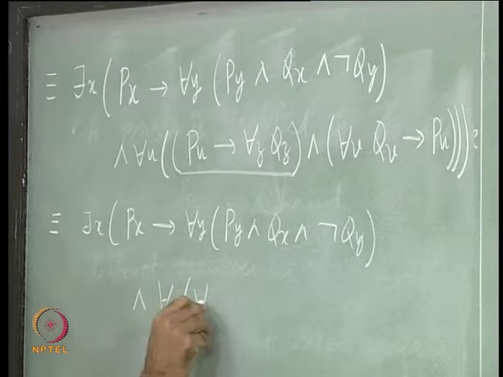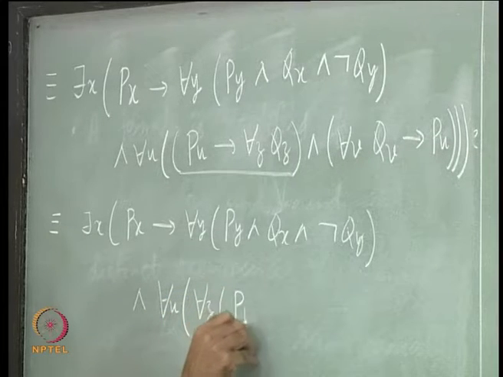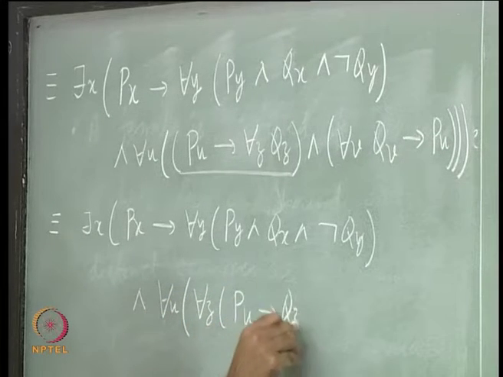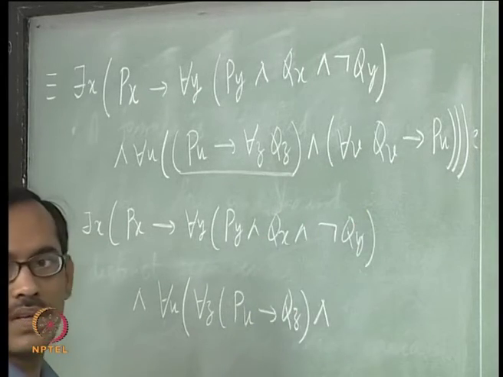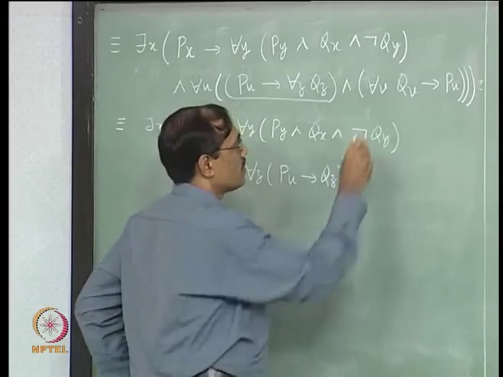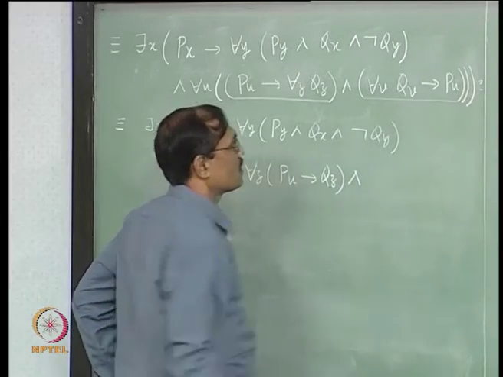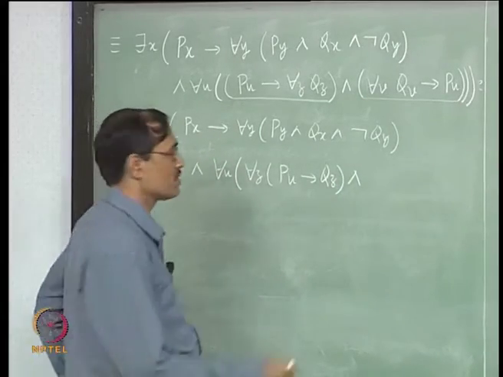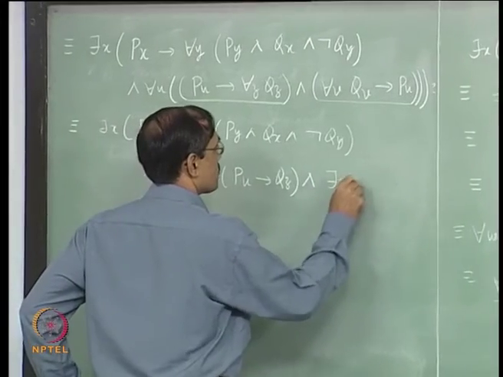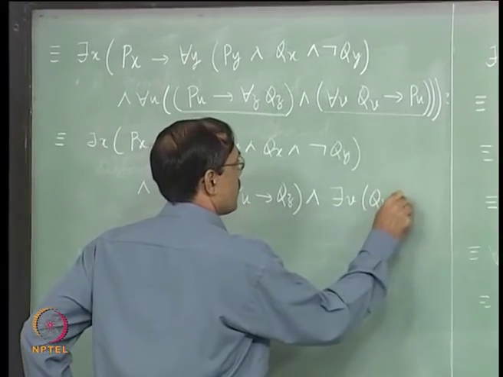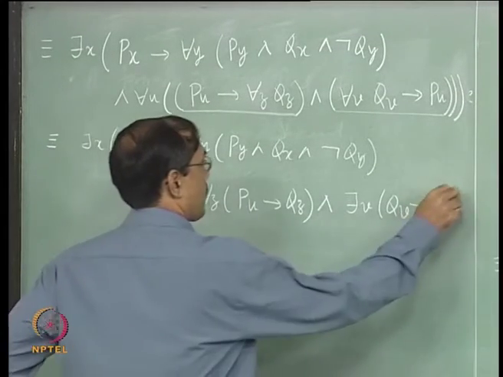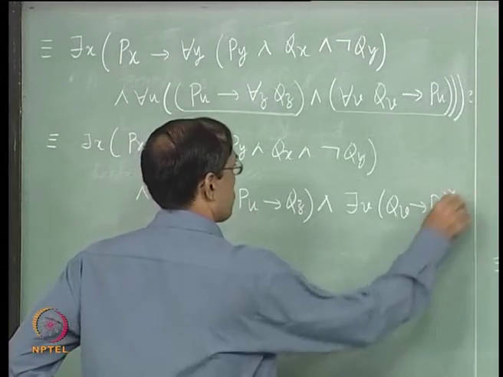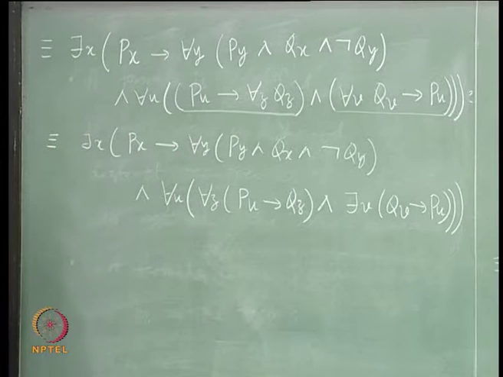So we write for all z p u implies q z, and here also, what will happen to this? It becomes there exists. So there exists v, q v implies p u.